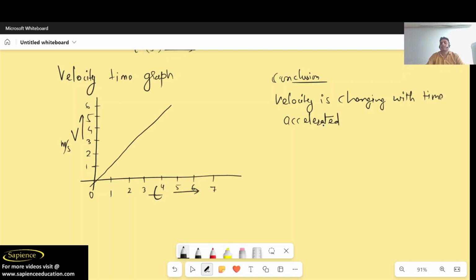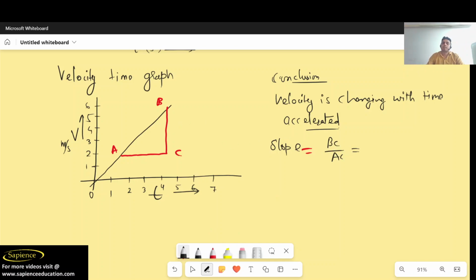Now, what does the slope indicate? As you know, suppose there are points A, B and C. Slope will be equal to BC by AC.